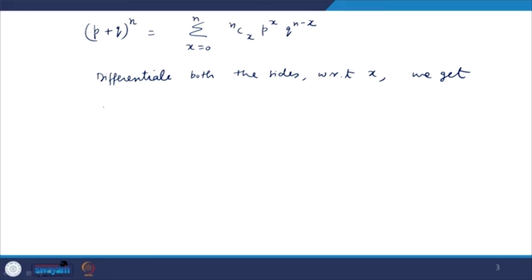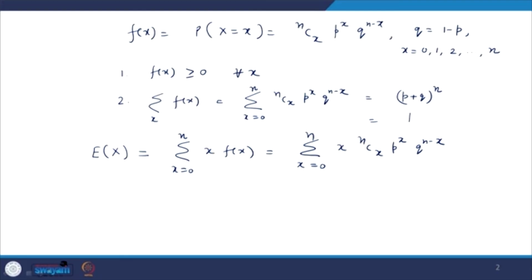It is n(p plus q) raised to power n minus 1, equal to summation x varying from 0 to n, x nCx p raised to power x minus 1 q raised to power n minus x. Okay. Now, we want this value, x nCx p raised to power x, q raised to power n minus x.